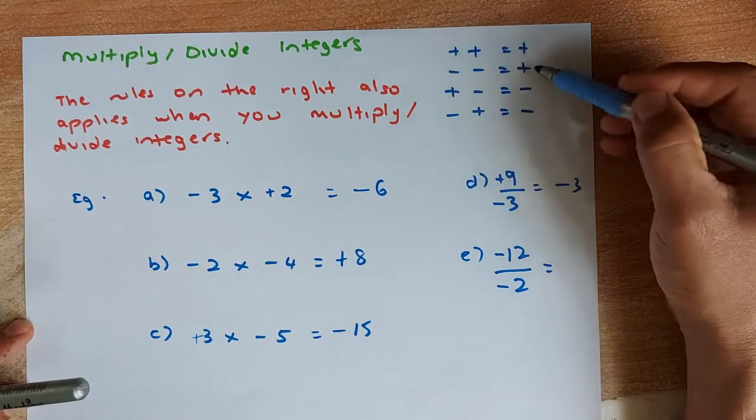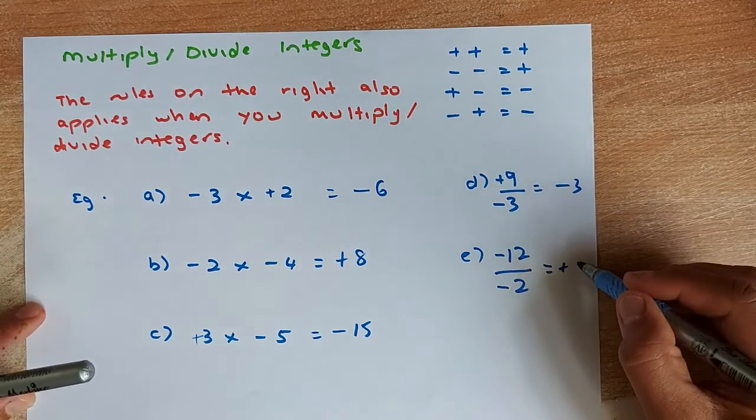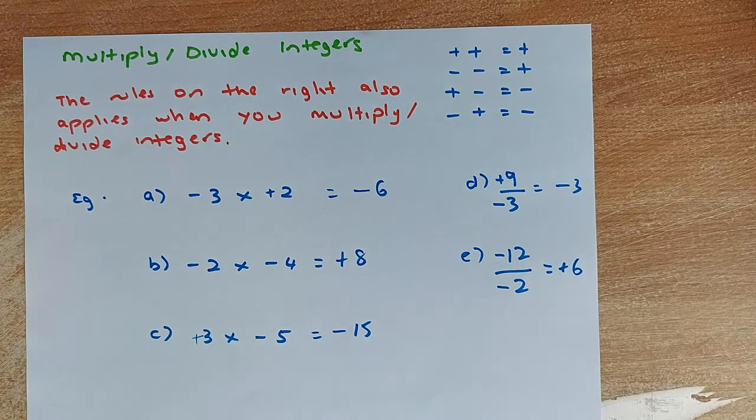A minus and a minus will give you a plus, and then 12 divided by 2 is going to be 6. So when you multiply or divide, it's very straightforward. You multiply or divide the operations, and then you multiply or divide the numbers. Hopefully you got this and enjoy your holidays. Cheers.